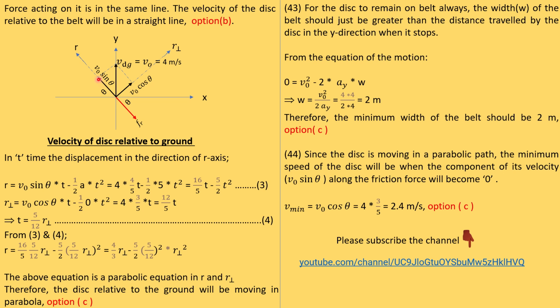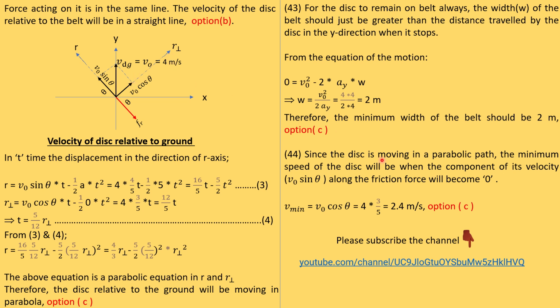So this velocity will become zero, but perpendicular to it, in the r perpendicular direction, there is no acceleration or deceleration. So the disk will keep continuing with v naught cos theta in this direction.